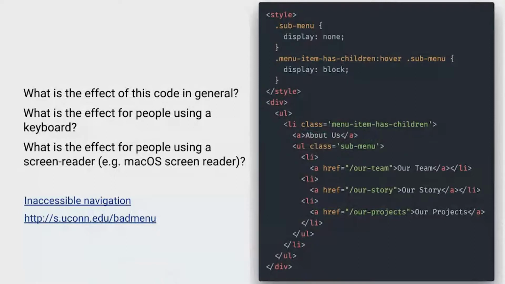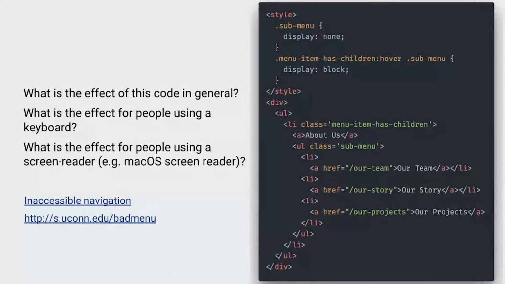I had no idea that was the case. The reason is that the keyboard is tabbing to the href value of the link. It's not actually tabbing to the tag, which I had no idea was what it was supposed to do. So if you're tabbing through with a screen reader, if you go to this bad menu I made, you'll tab right through that menu without ever hitting any of the sub items.